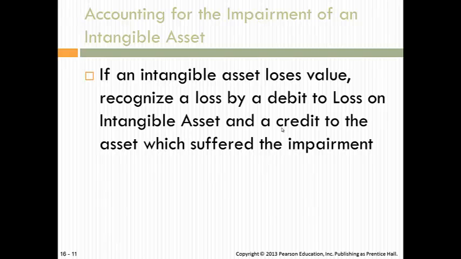Now the company's flying car parts patent is only worth $1 million. So the company must debit loss on intangible asset of $9 million and credit the patent account $9 million so the patent account isn't overvalued on the company's balance sheet. This is sometimes referred to as writing down an asset.